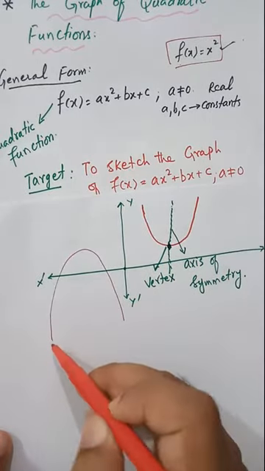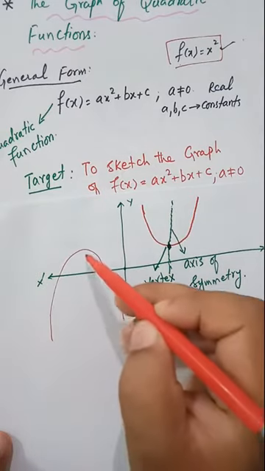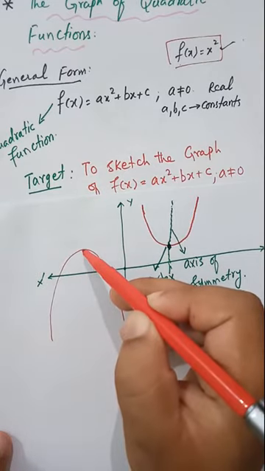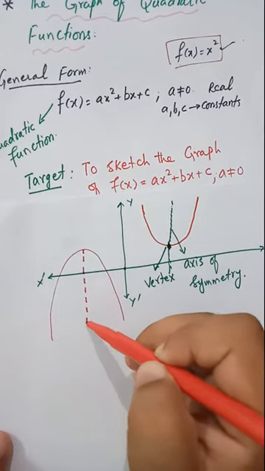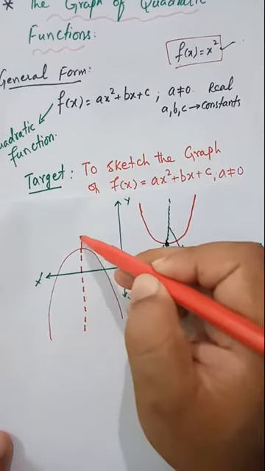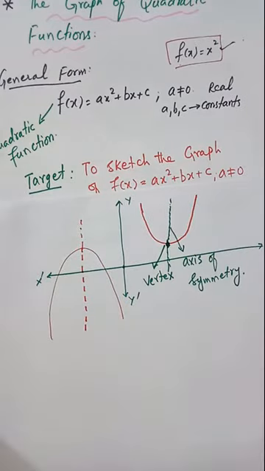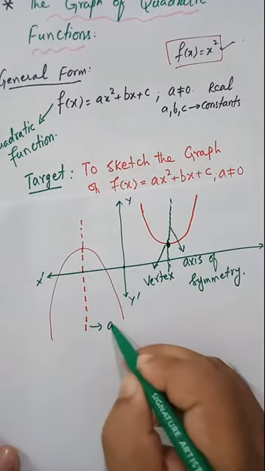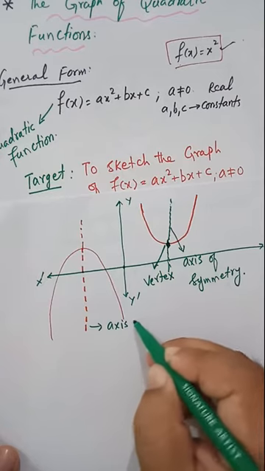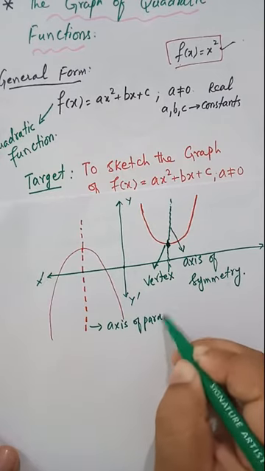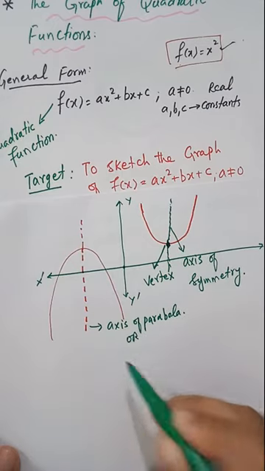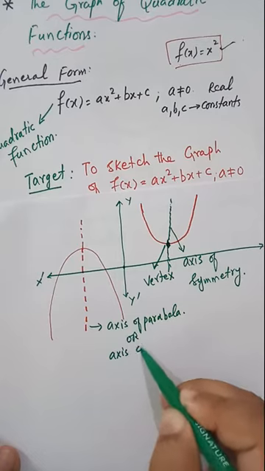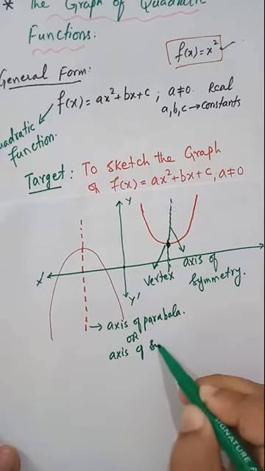If I draw an inverted U shape, in this case you clearly see that the branches open downward. So this dotted line is called the axis of the parabola, or you can say the axis of symmetry.